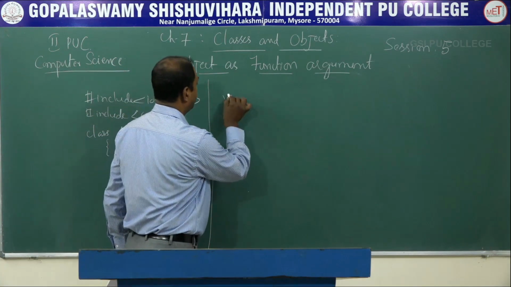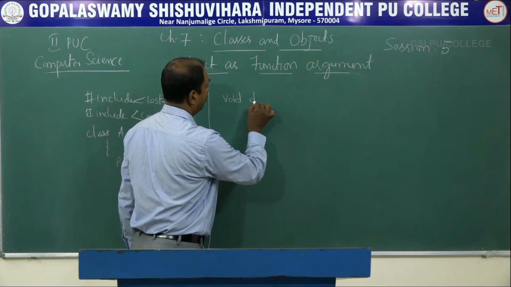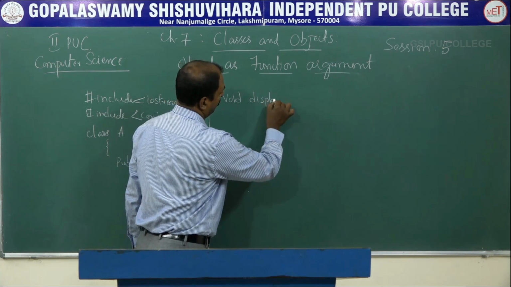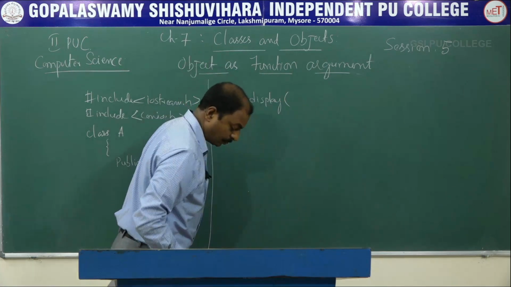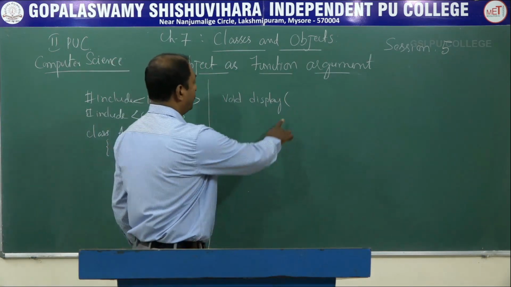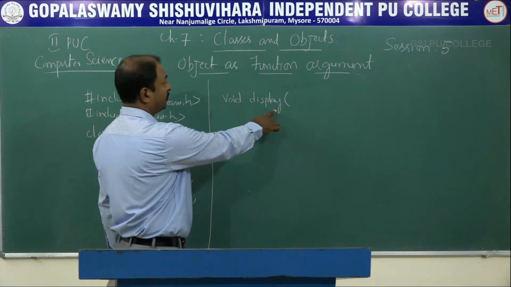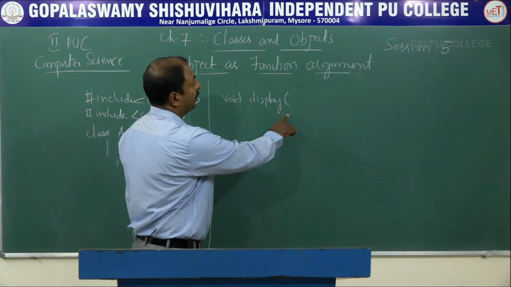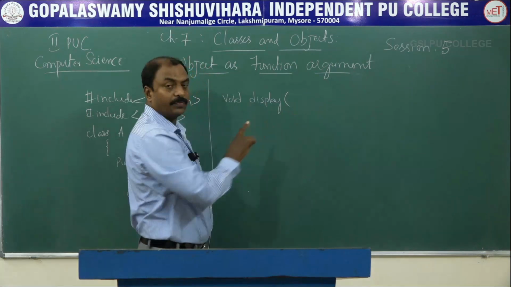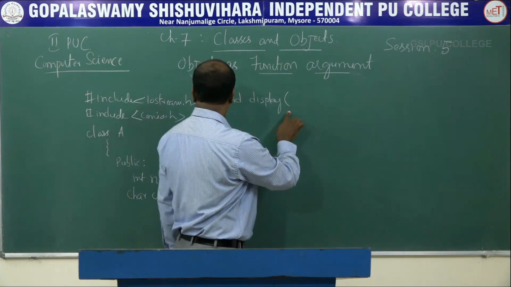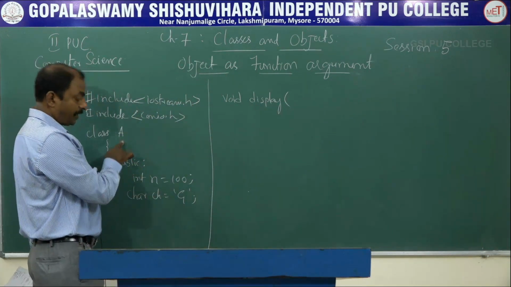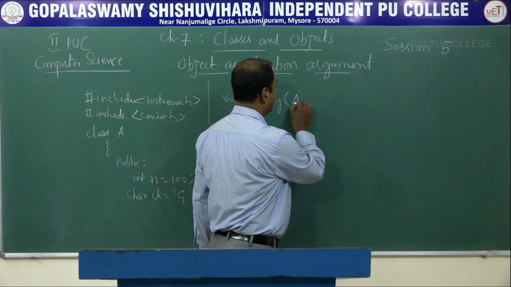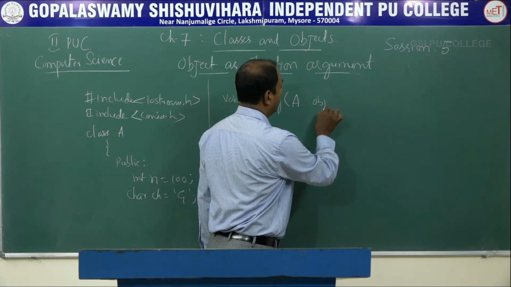So let me write a function, void display. Students, please observe at this stage: this is a function with a parameter, and in this example the parameter is supposed to be an object of a class. The name of the class is A. I am going to write A obj.